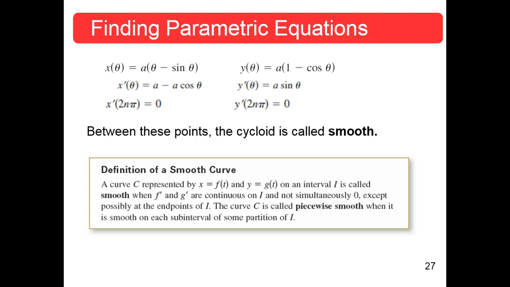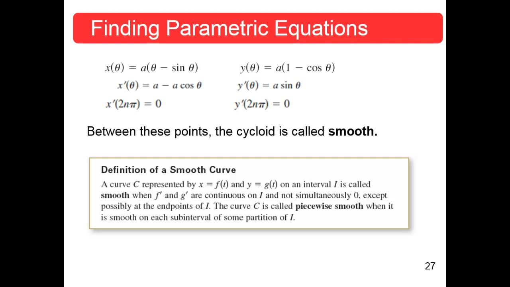X prime is, I would prefer this as A theta, and the derivative of that with respect to theta would be A, and this would be A minus A cosine theta. The derivative of A sine theta is A cosine theta.